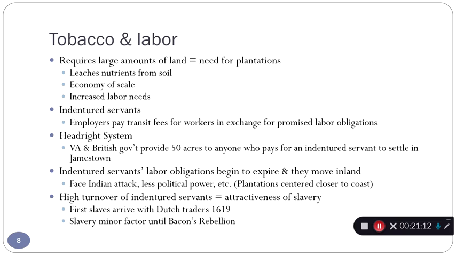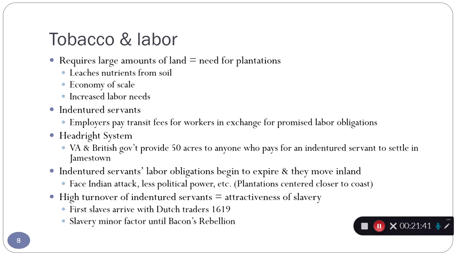So you need lots and lots of land, because if all you do is fill it all with tobacco all the time, you're going to poison the land to the point where you're never going to be able to use it again. So you have to rotate the tobacco around so that you always have land that is free, maybe growing some other crop, but at the very least is not growing tobacco, so that you can replenish that soil.